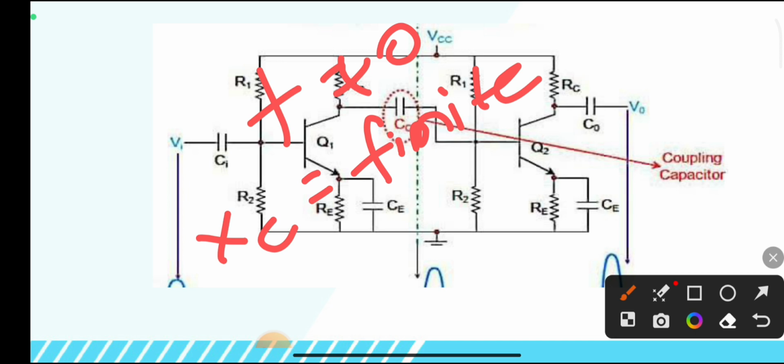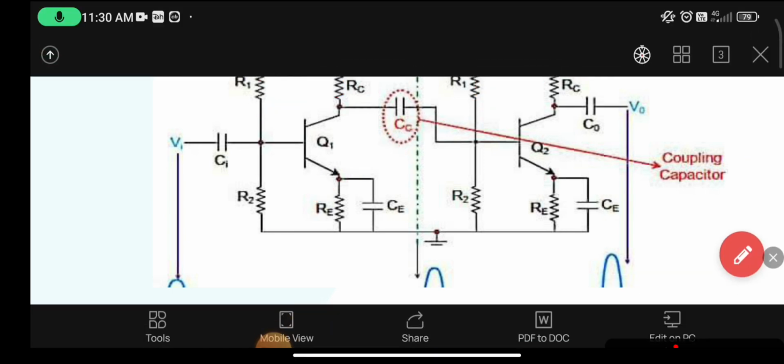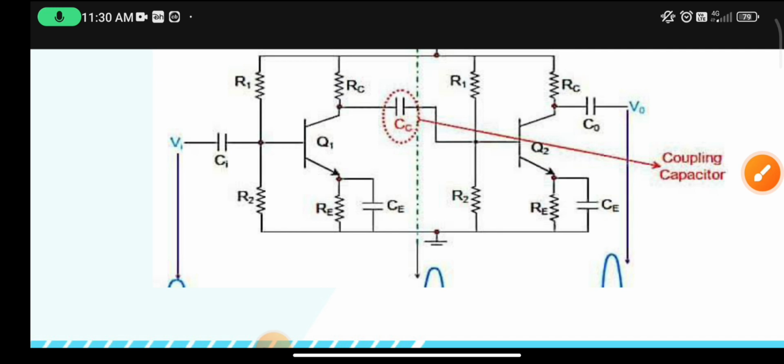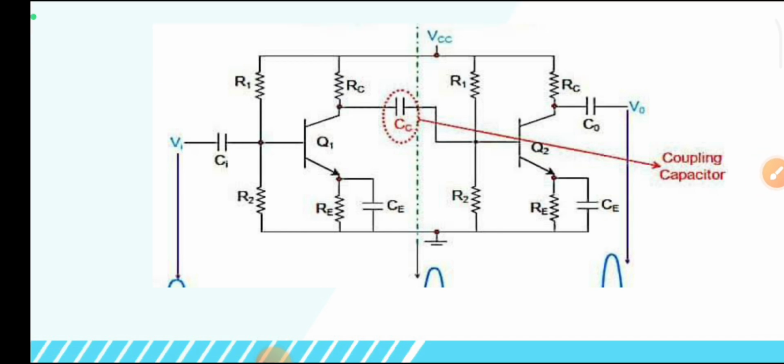That means for AC, the capacitor offers some resistance, but it actually acts as a short circuit for the AC. So the coupling capacitor blocks the DC and allows the AC signal from the first stage to another stage.